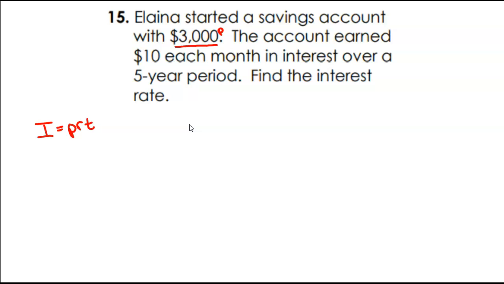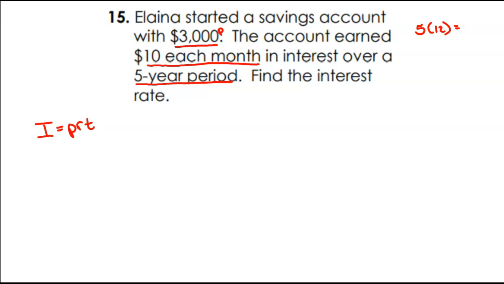The account earned $10 each month in interest over a 5-year period. This one is slightly different because it's earning $10 each month over 5 years. So we've got to figure out how many months are in 5 years. So there's 12 months in 1 year. This is over 5 years.